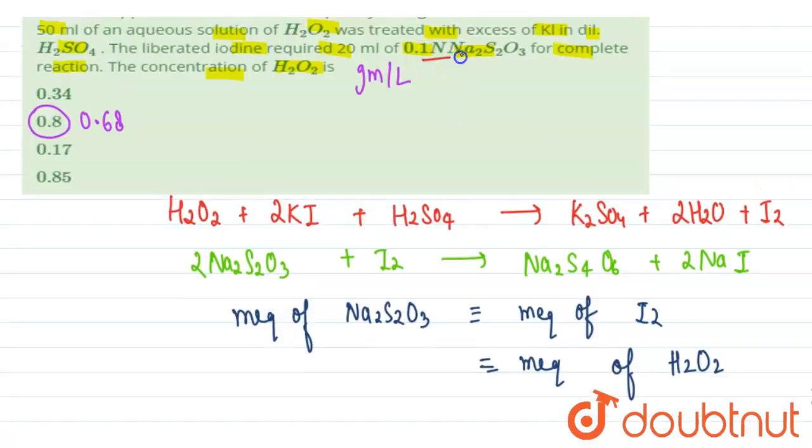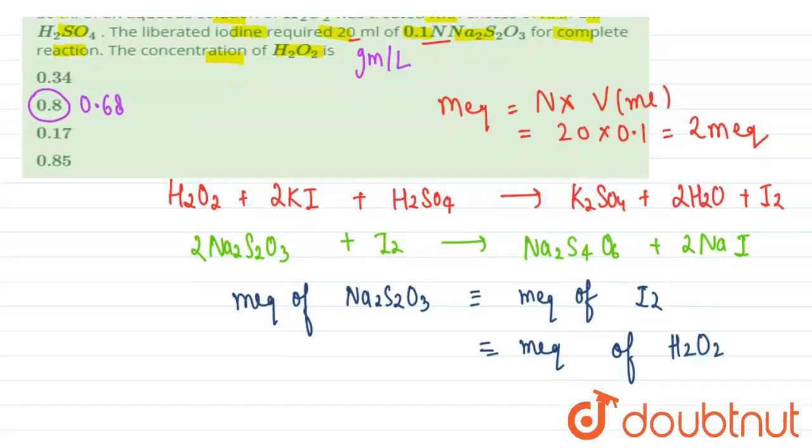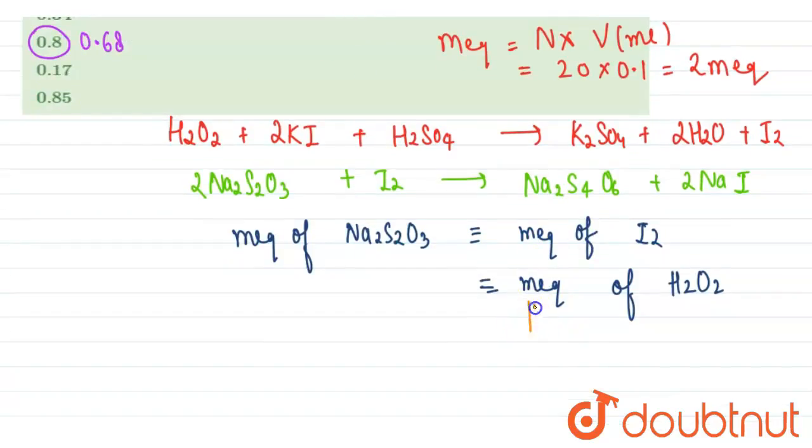We have 0.1 normal sodium thiosulphate and the volume is 20 ml. Milliequivalent is equal to normality into volume in ml. So milliequivalents for sodium thiosulphate are 20 into 0.1, that is 2. This is equal to the milliequivalents of H2O2 also. So milliequivalents of H2O2 are 2.